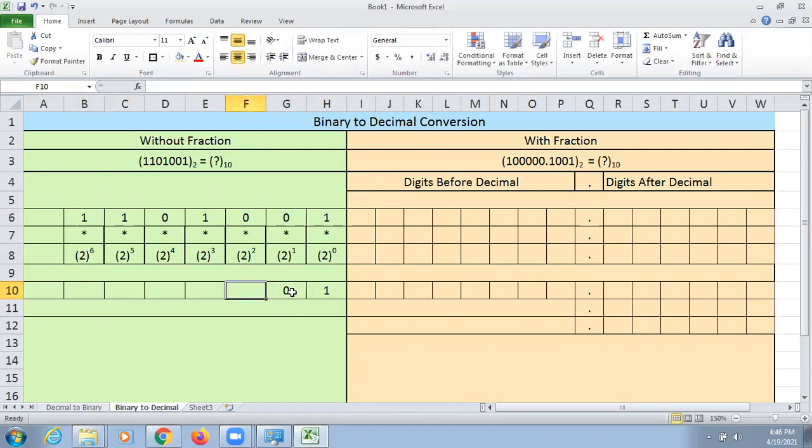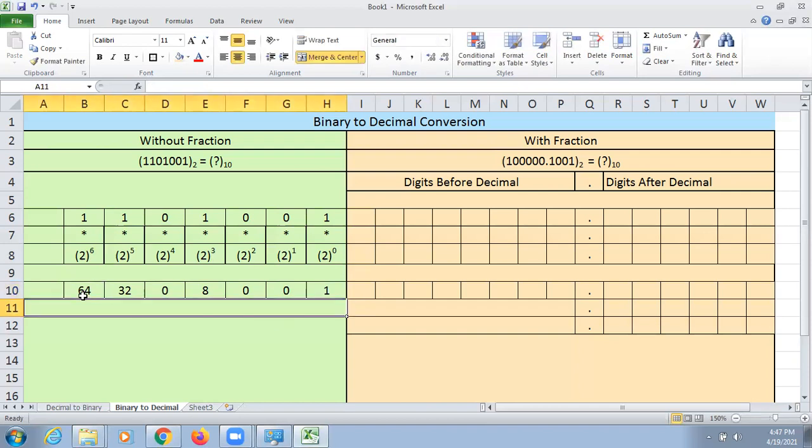Any number multiplied by 0 is 0, so here also we can directly write 0. Here also we can directly write 0. Now let's check this one. 2 raised to power 3 is 8. And 2 raised to power 5 is 32 and 2 raised to power 6 is 64.